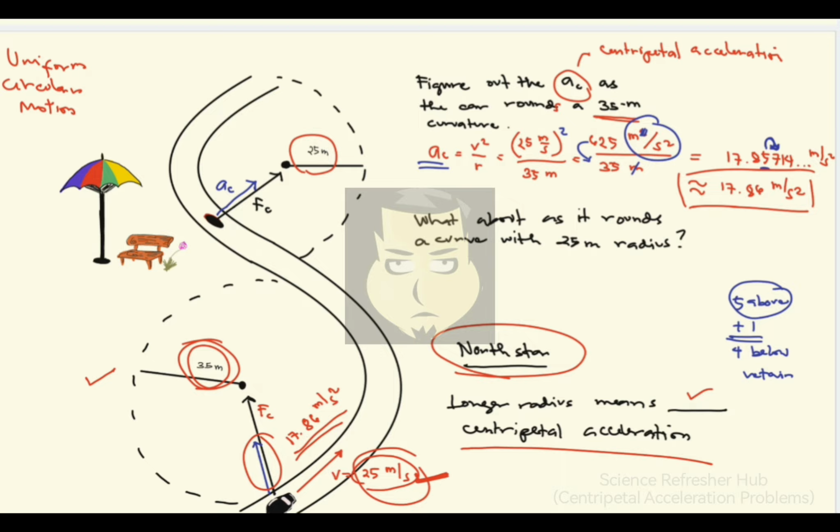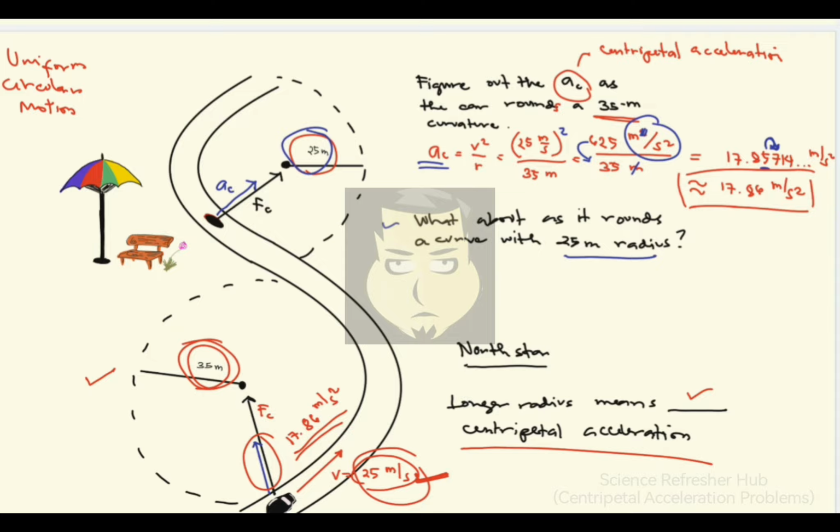What about, this is the question, what about if it rounds a curve of 25 radius? So this is our radius, the shorter one.